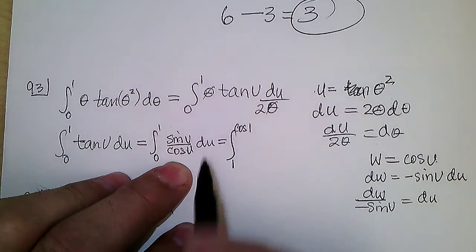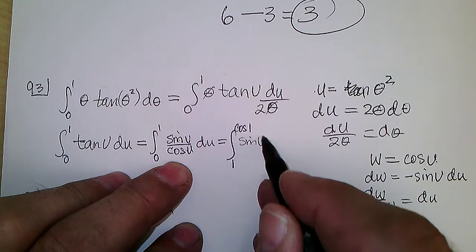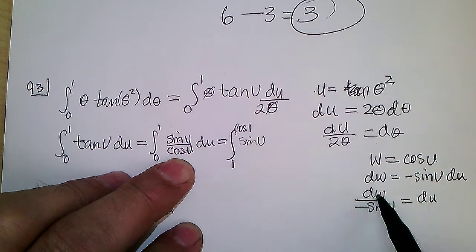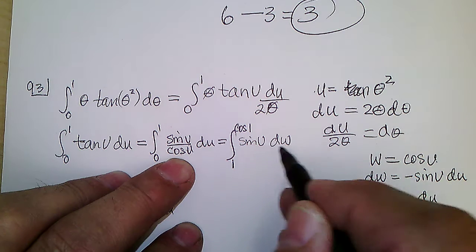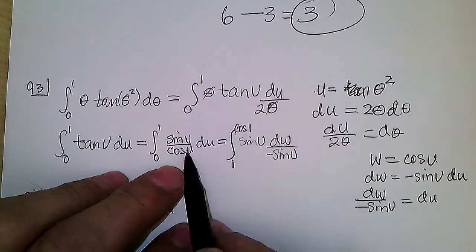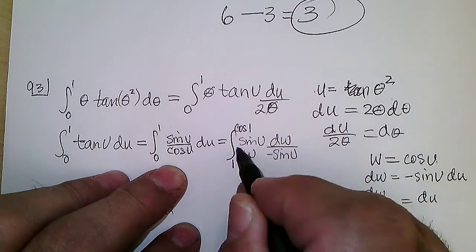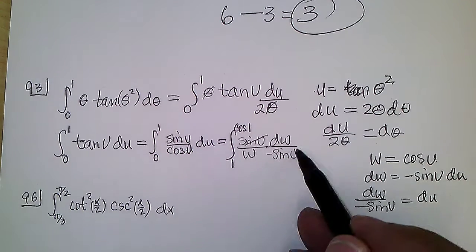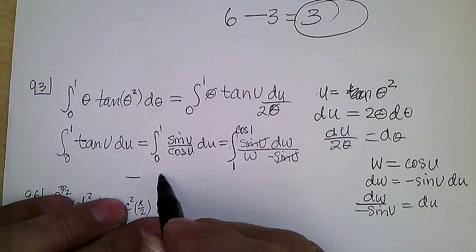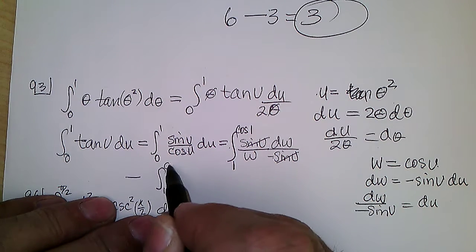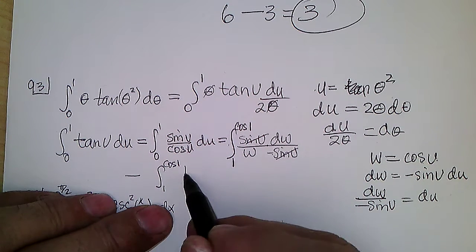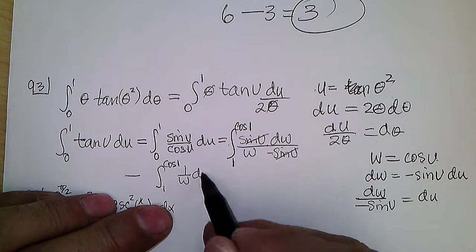And this would be sine of u, and then we'd have du, which is going to be dw over negative sine of u, and then cosine is w. So this cancels with this. A negative comes on the outside, so I'm going to have minus the integral of 1 to cosine of 1 of 1 over w dw.